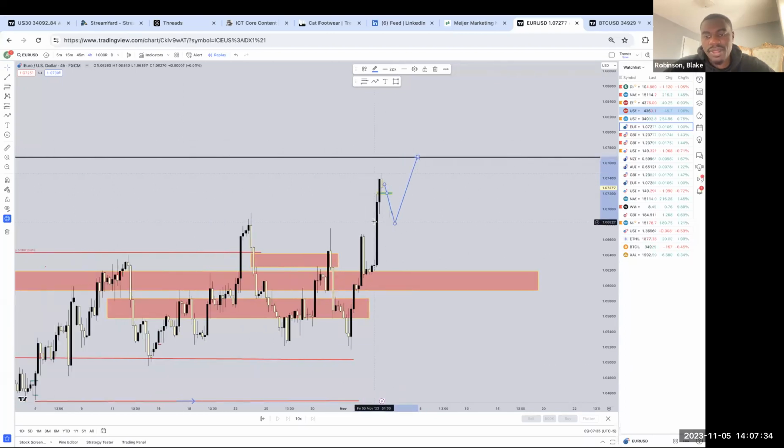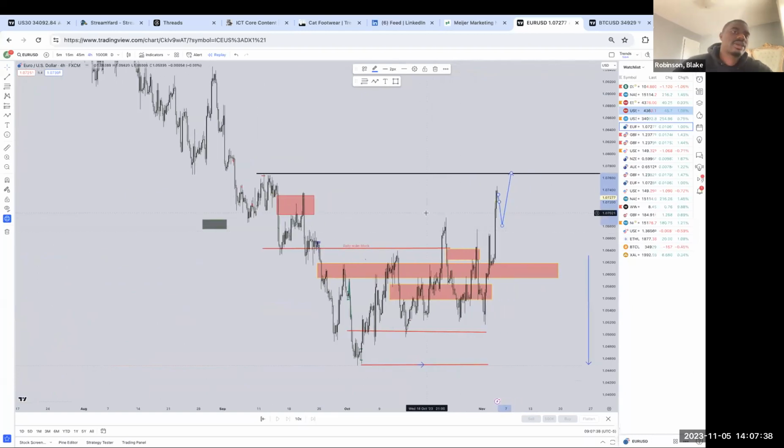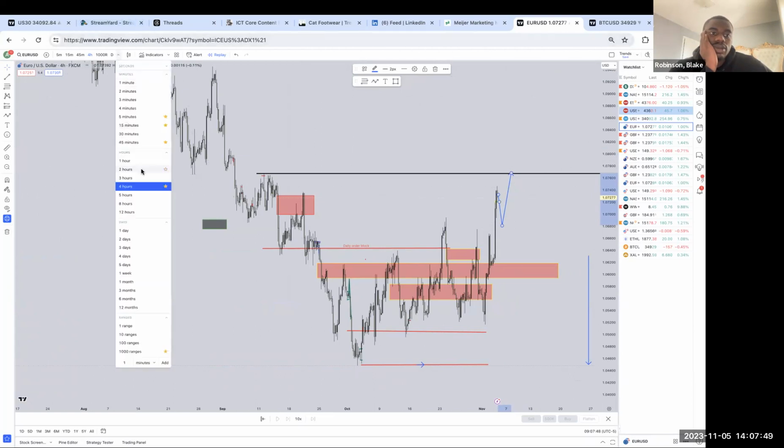I'm not calling big plays for this week because ultimately I think we're in a series of pullbacks on higher time frame trends, the weekly, the daily, so we can continue to go lower. I'm not a huge proponent of the euro or these pairs with USD being second continuing to go higher. So I'm just calling very, very small moves this week.